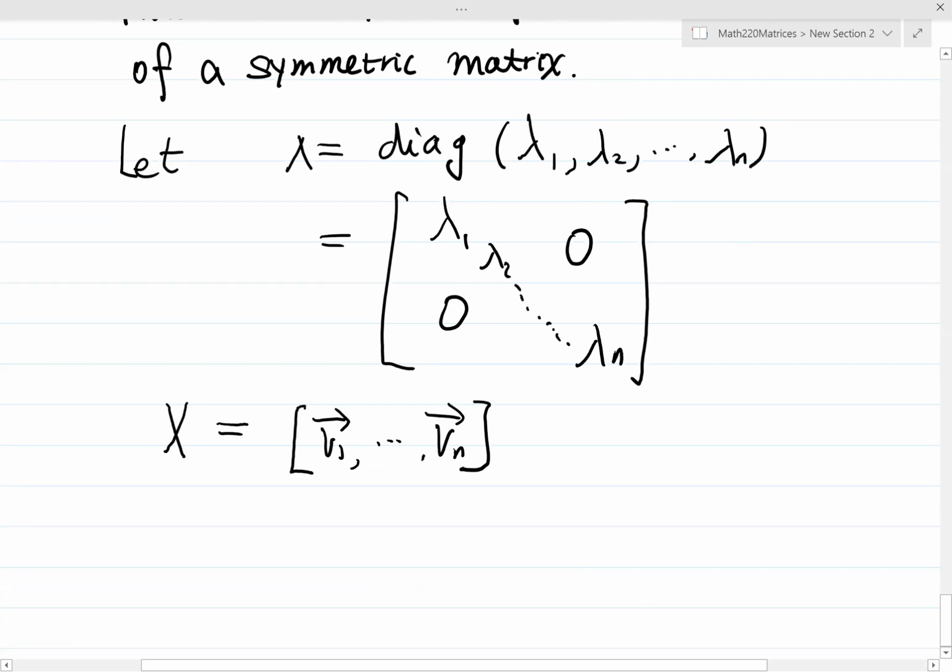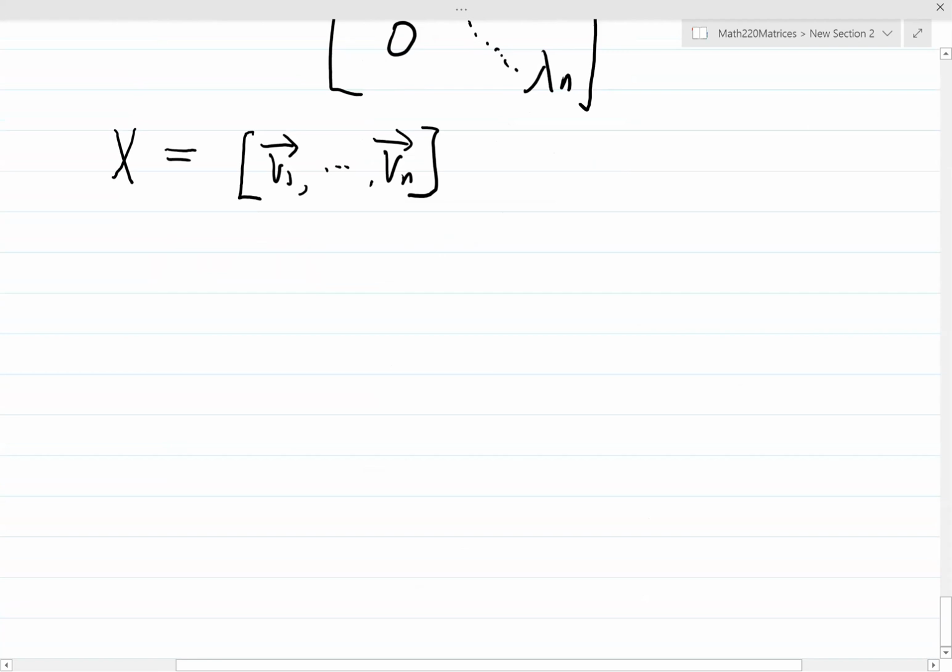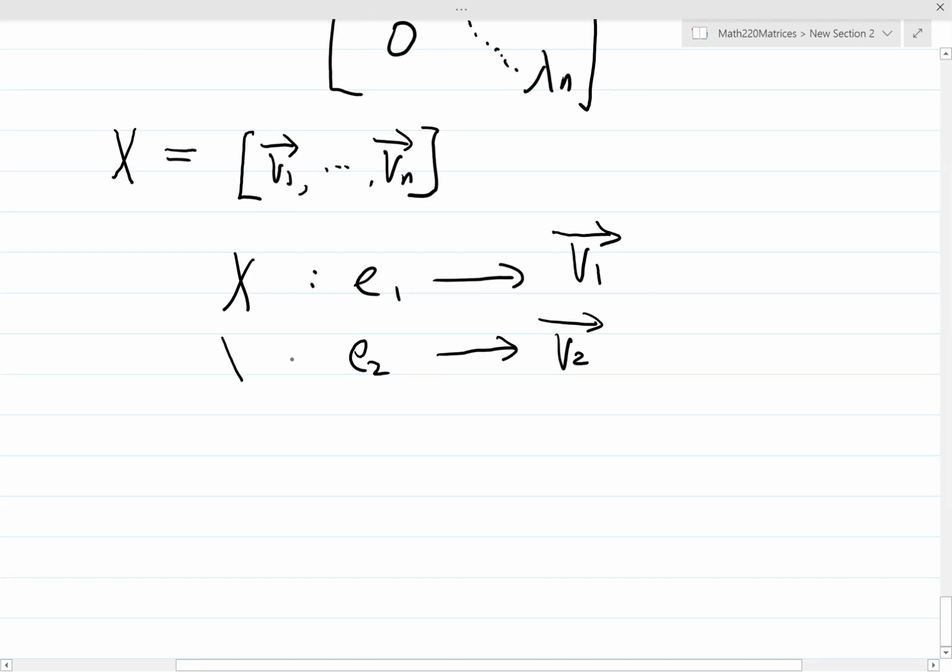What this matrix X does is change the basis. X sends e1 to v1. Remember, e1 has first component 1 followed by zeros. Then e2 goes to v2, up to en goes to vn.